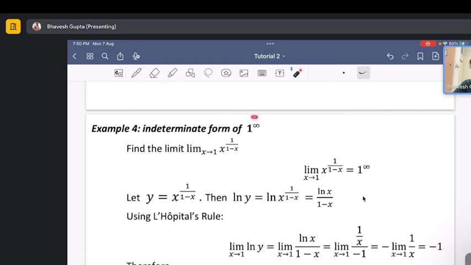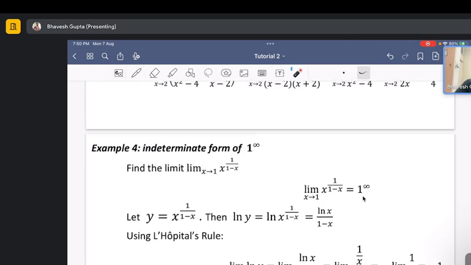Oh, this is the interesting feature. 1 to the power infinity. You will encounter this a lot whenever you have exponentials in your problem. For example, in higher education, when you try to do modeling of any theoretical science, you will see such kind of irritating behaviors.